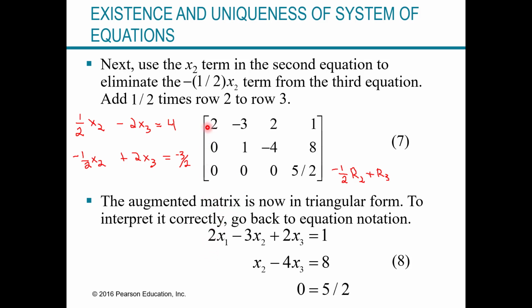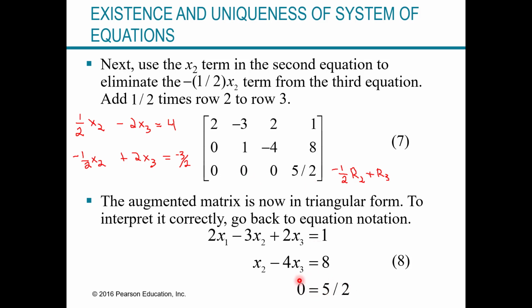The first equation says 2x1 minus 3x2 plus 2x3 equals 1. That's fine. Row 2 says 1x2 minus 4x3 equals 8. That's fine. But then row 3 says 0x1 plus 0x2 plus 0x3, so no x's, equals 5/2.